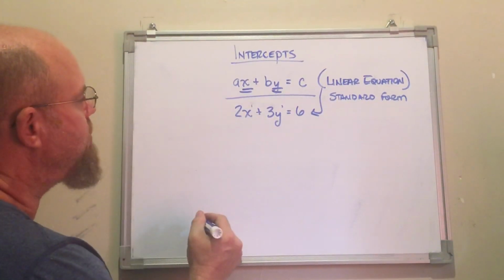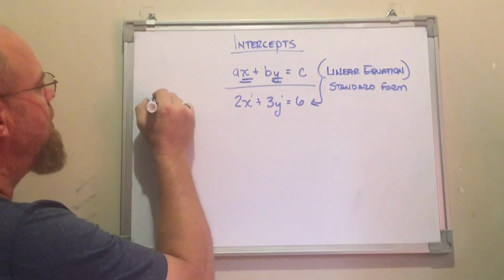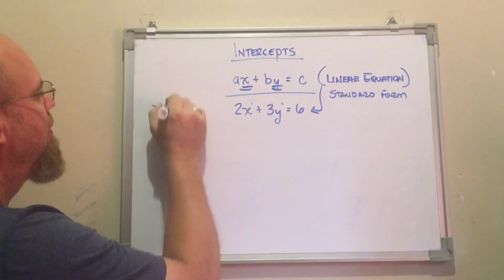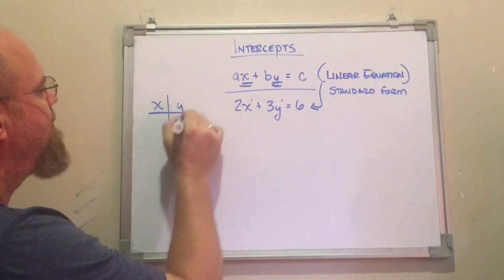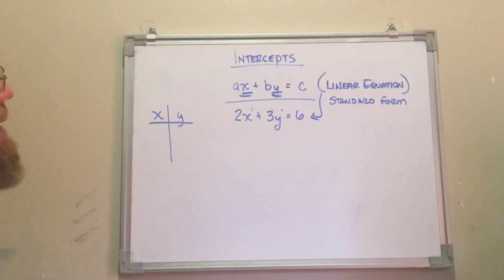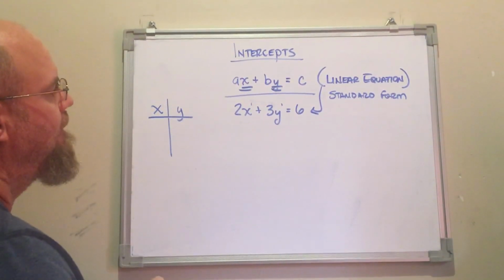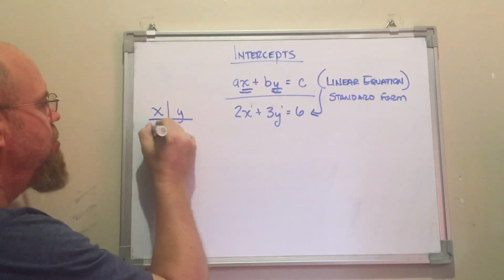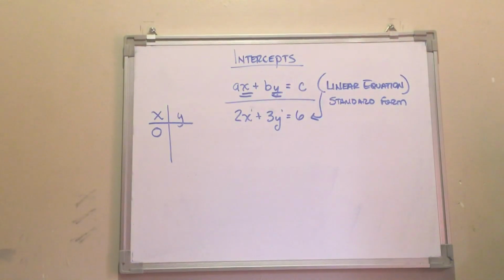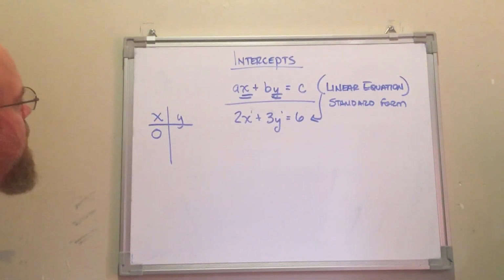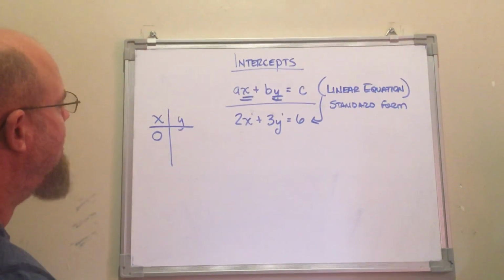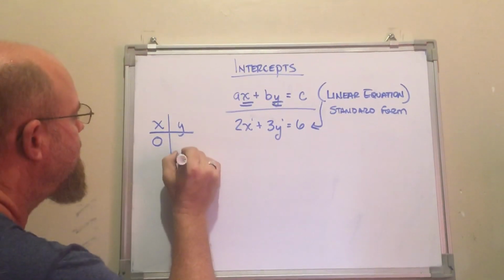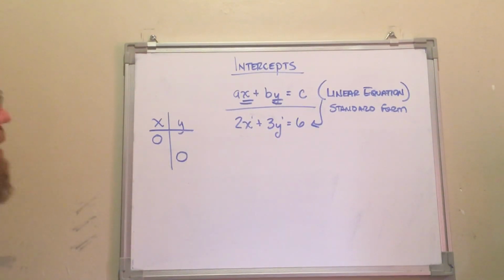So in order to do that, we set up our grid over here where x and y have values, and we know intercepts. If you want the y-intercept, you know that the value of x has to be 0. And if you want the x-intercept, you know that the y value has to be 0.